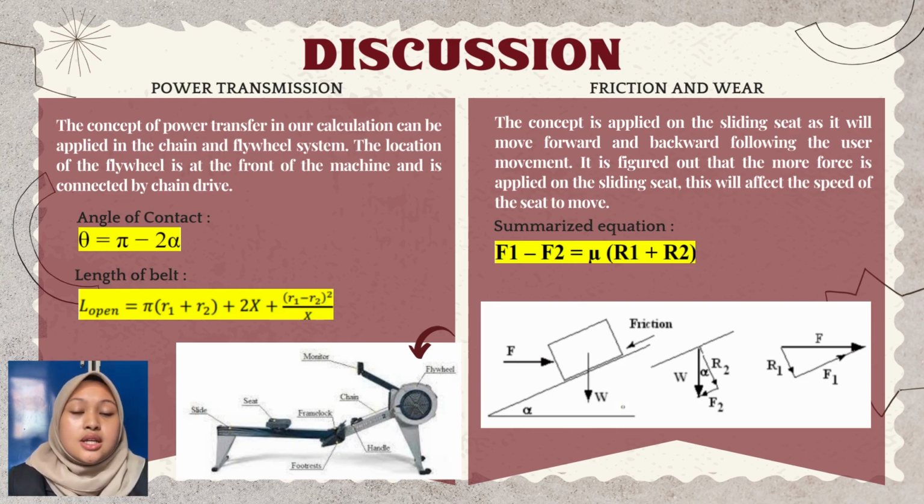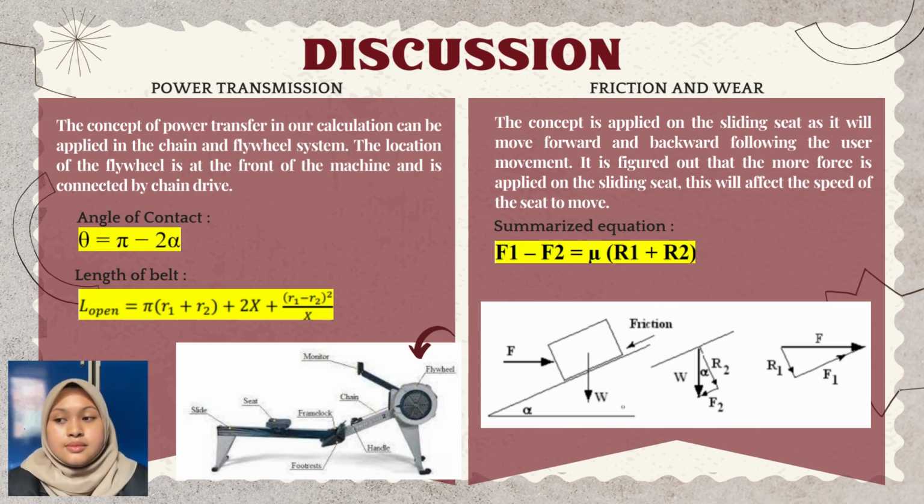Based on our case study of the rowing machine, we first need to identify the suitable length of the belt for our ergo machine, which has two pulley connections with a 55 cm distance between the center pulleys. As a result of our calculations, we have successfully obtained the suitable length for the machine, which is 176.14 cm. The length of the belt can be calculated using the formula of angle of contact, which is theta, and the length of belt.